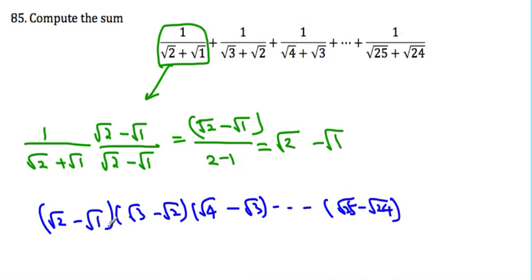Now, you will realize that each one would have been a plus sign, not multiplication. Then these two would have cancelled out because one is positive, one is negative. So the radical 3's would have cancelled out too. And radical 4 would have cancelled out with something. Even the last number, square root of 24, would have cancelled out. Then what's left here is negative 1 from square root of 1, and then plus 5, which will be equal to a total of 4. That becomes our answer.